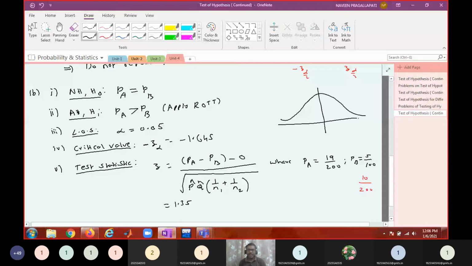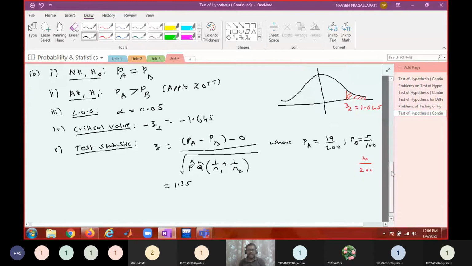It has to be plus Z alpha. So plus Z alpha equal to 1.645. Now when you apply the test statistic, you are getting 1.35. So 1.35 is falling in the non-rejection region only.